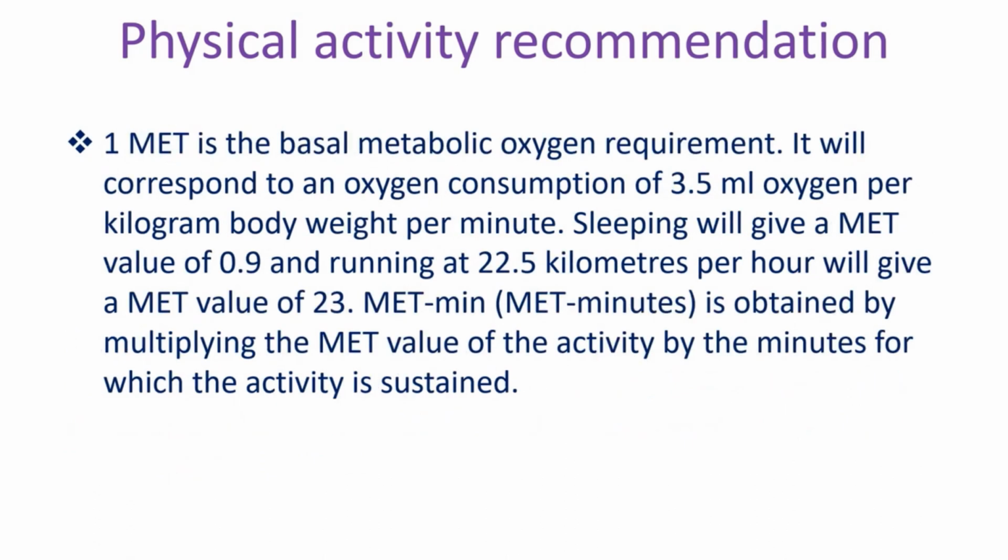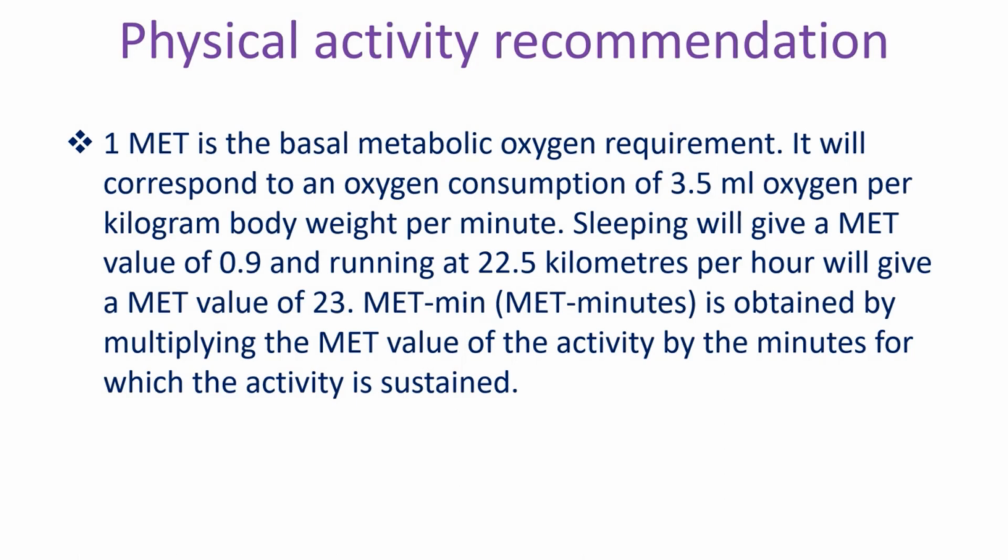1 MET is the basal metabolic oxygen requirement. It will correspond to an oxygen consumption of 3.5 ml oxygen per kilogram body weight per minute. Sleeping will give a MET value of 0.9 and running at 22.5 km per hour will give a MET value of 23.